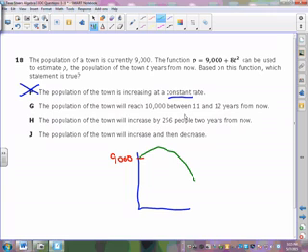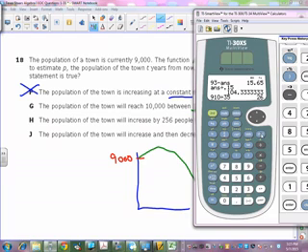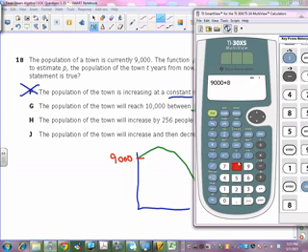We need to figure out if these are true or not. It says the population will reach 10,000 between 11 and 12 years from now. That would be easy to check on your calculator. Let's just plug in 9,000 plus 8. It said between 10 and 11 years. Let's do 10.5.